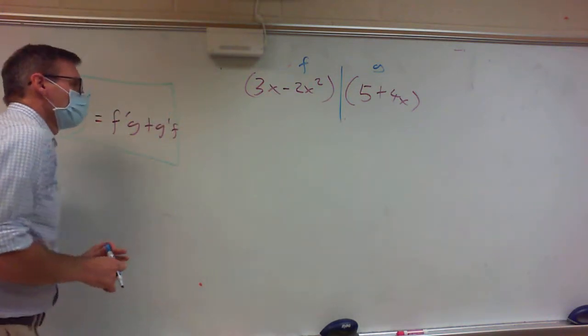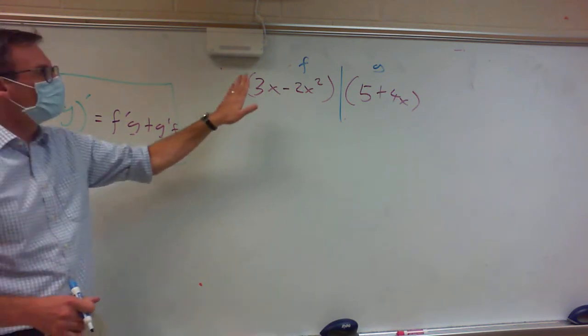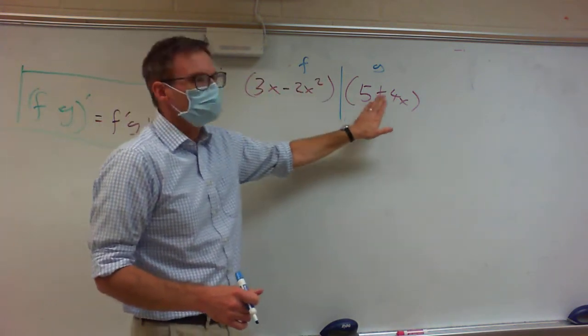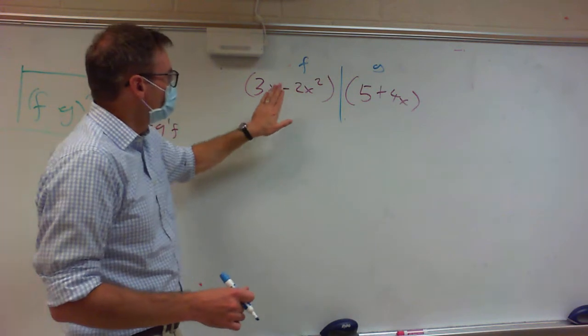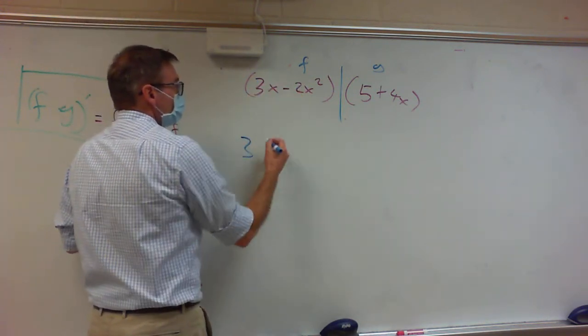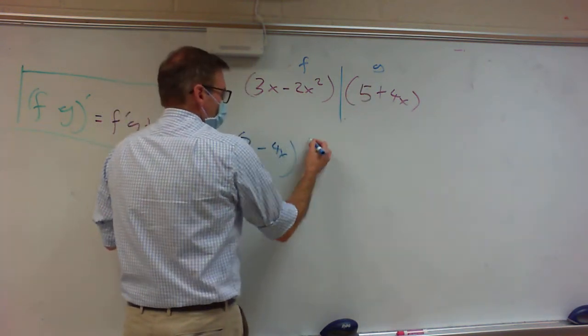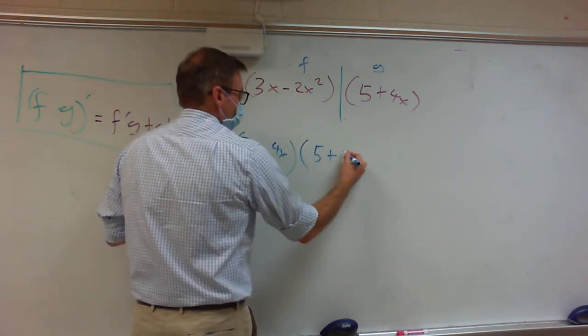All right, so let's look at our product rule. Product rule says f prime g, meaning the derivative of this times this. So when I take the derivative of this, the derivative of 3x is 3. The derivative of this is going to be minus 4x, times g, which is 5 plus 4x.